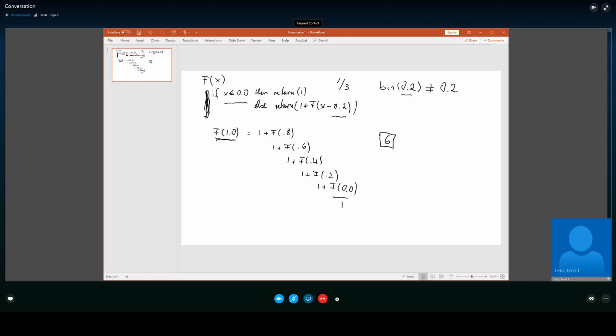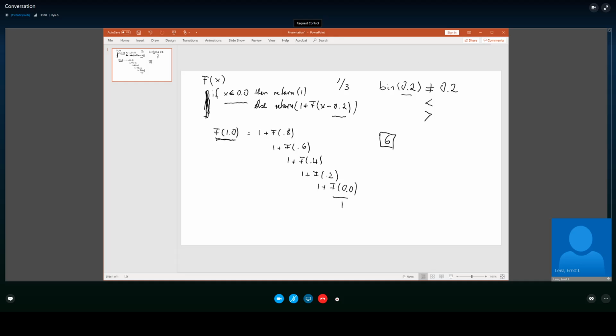You see, we've already established that the binary representation of 0.2 isn't exactly equal to the decimal representation. But there are really two possibilities. The binary representation of 0.2 could be less than the decimal 0.2, or it could be greater than. Either one of them is possible.